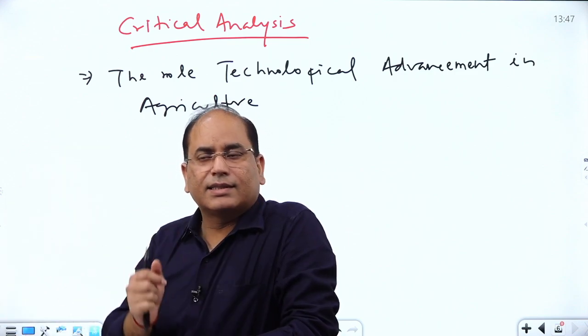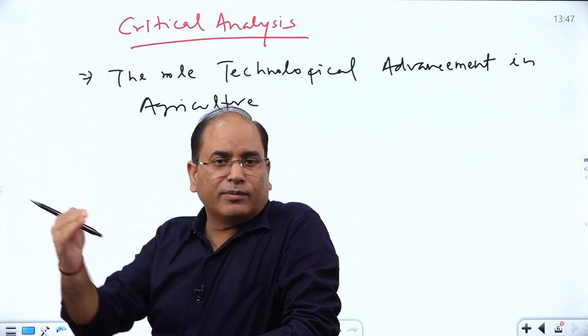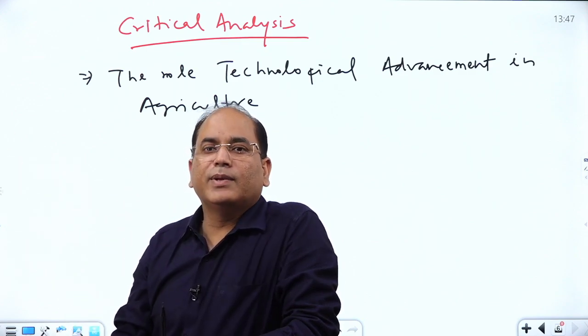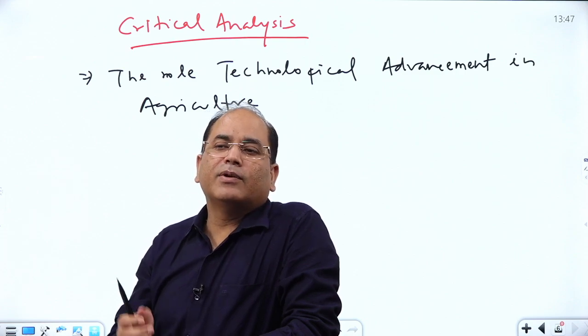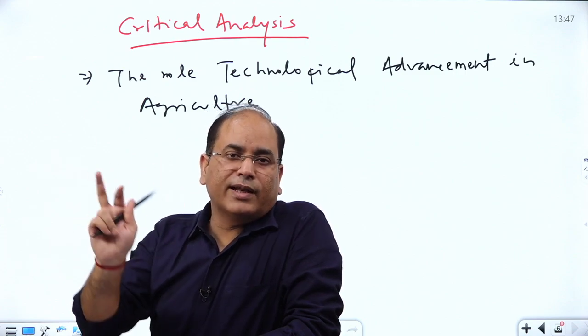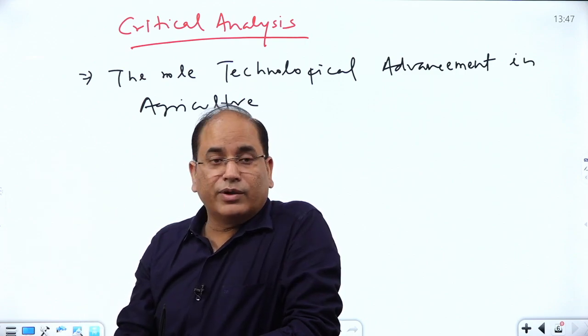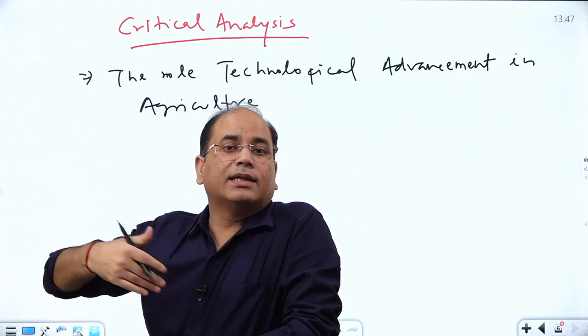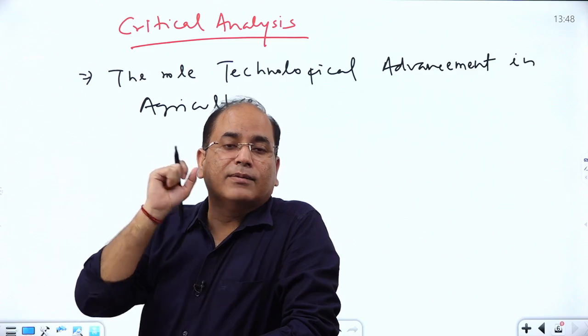In the 1960s, India reached that critical point where it was said that India had only a few weeks of food grain left. So India was going into that crisis, but then India started an initiative, a program, that is the Green Revolution.